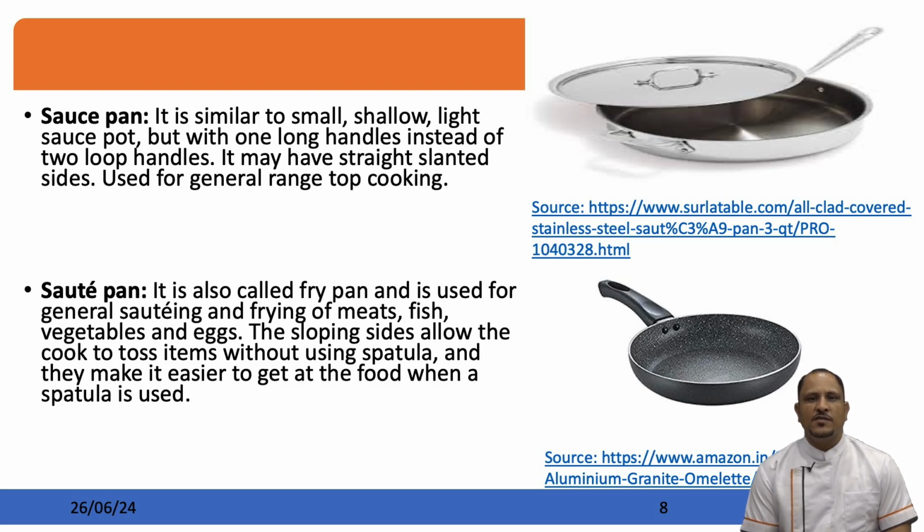Then we have saute pans, which are used for sauteing or stir frying. So these are the equipment which are taken from one place to another in the kitchen, like from the pot wash to the gas range, and from the gas range back to the pot wash, and then stored on the racks.